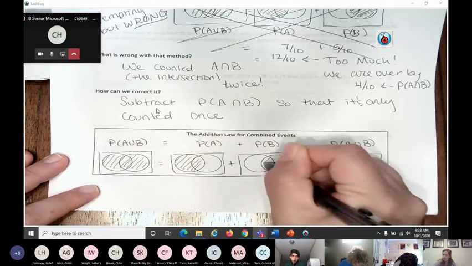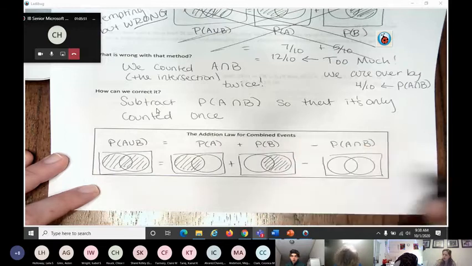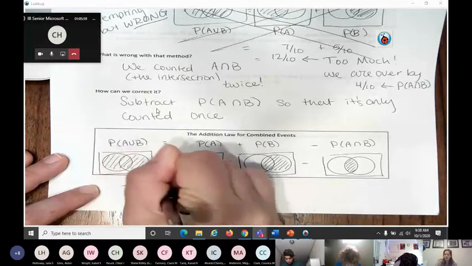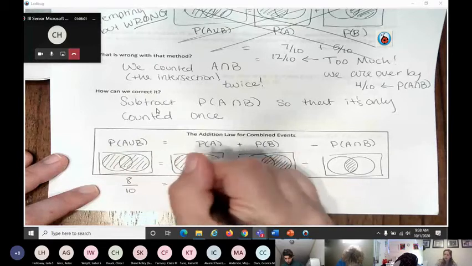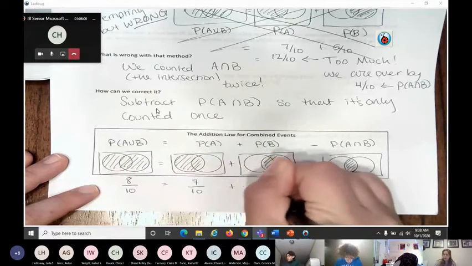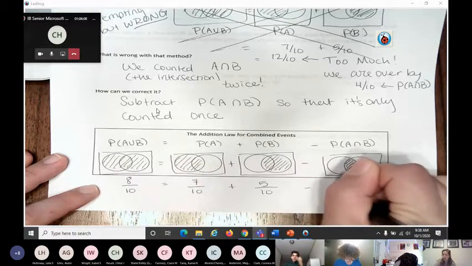P of B is all this stuff. And the intersection is that guy. Okay, so for this particular example, we get 8/10 for our union, 7/10 for A, 5/10 for B, and we're subtracting off 4/10.